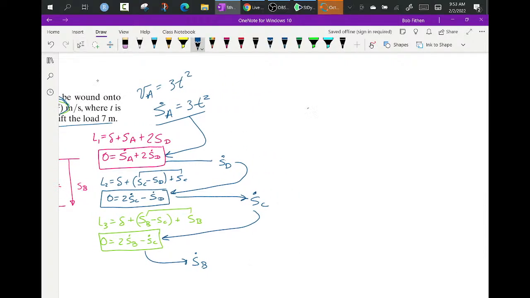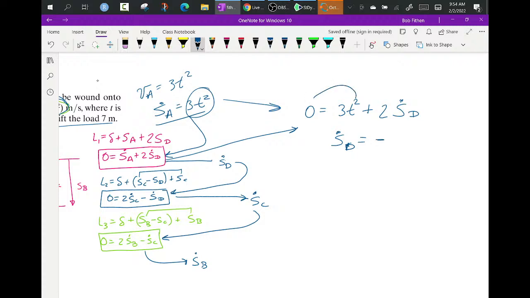If I grab this equation and this one together, putting in the SA, I have 3t squared equals 2 SD dot. Move this over and I get 3/2 t squared.